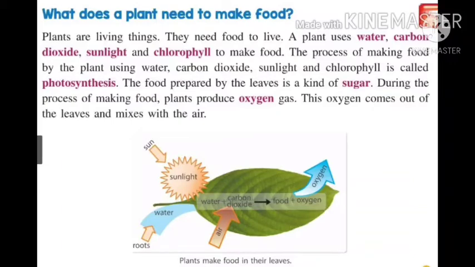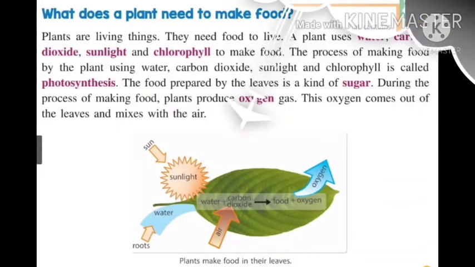And the name of the process of making food is photosynthesis. So during photosynthesis, what do they produce? They produce a kind of sugar and oxygen gas. The oxygen is released and mixes with the air, and the sugar they use as their food.